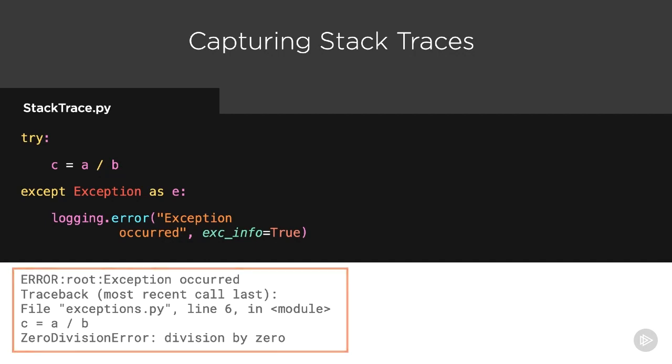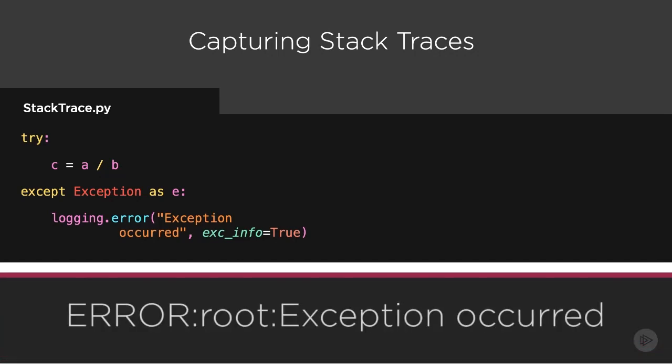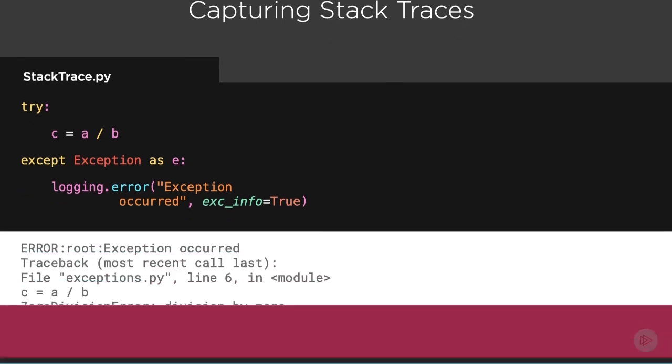If exc_info is not set to true, the output of this program would not tell us anything about the exception, which in a real-world scenario might not be as simple as a ZeroDivisionError. Imagine trying to debug an error in a complicated code base with a simple log message like this one. That's going to be a problem.